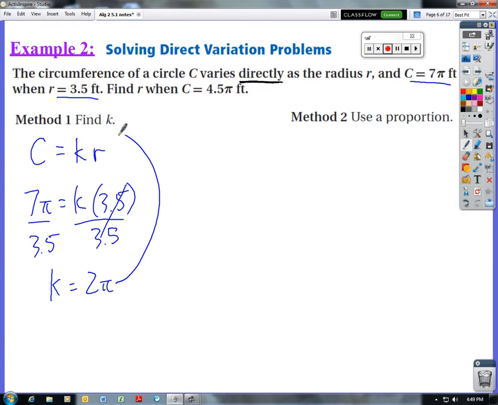So then we take that and we plug it back into our original equation, and we get C equals 2 pi r. Well, you should recognize that one from geometry. The circumference of a circle is equal to 2 pi times its radius.